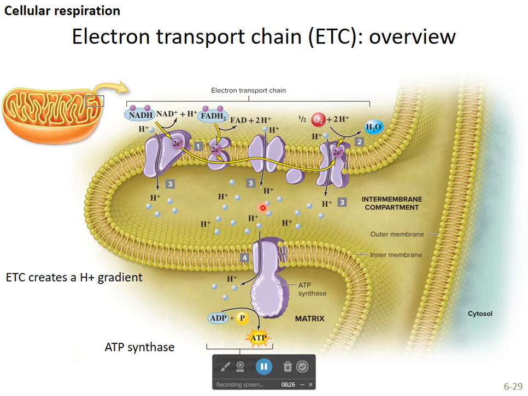Therefore, it only allows 2 H pluses to enter the dam, and only 2 H pluses coming from those FADH2 electron energy will be going out, leading to only 2 ATP being produced by each FADH2 molecule entering the electron transport chain.